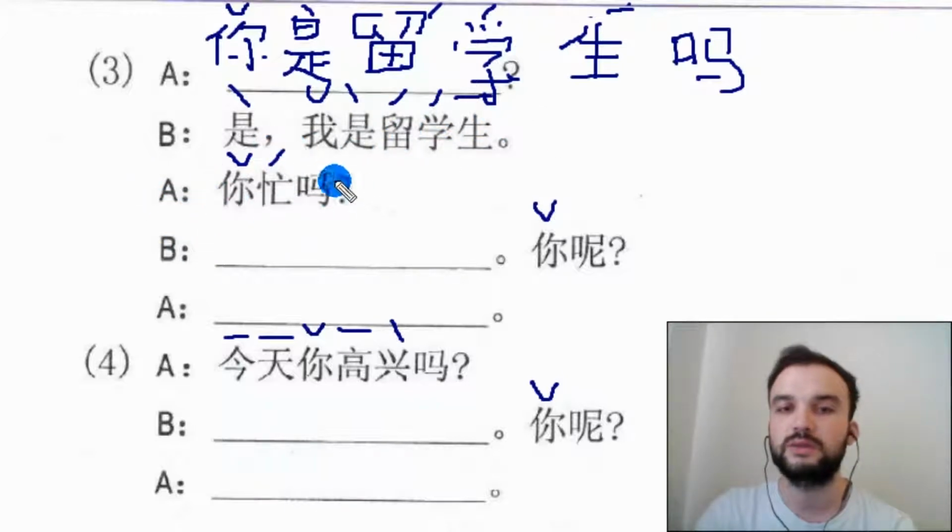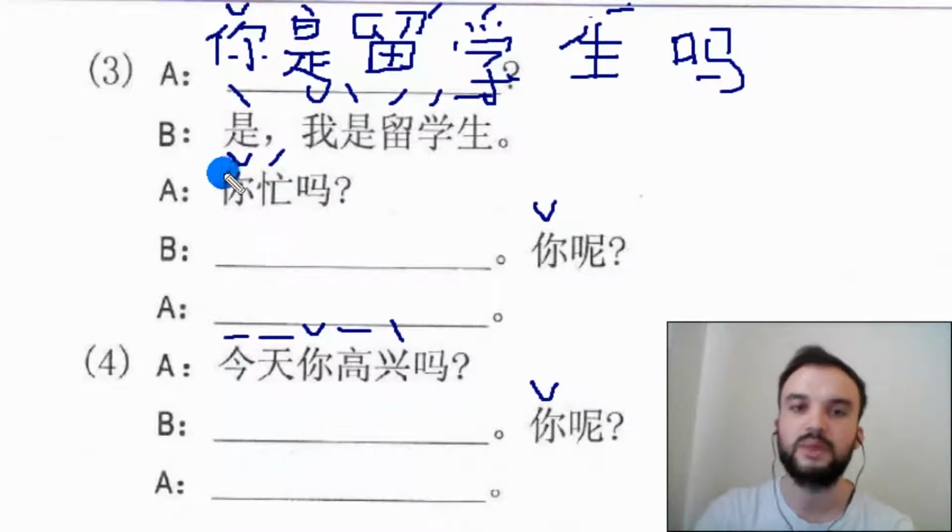So the second question here: 你忙吗? Are you busy? We are giving an answer here, and later we will ask 你呢, what about you? So, 你忙吗?